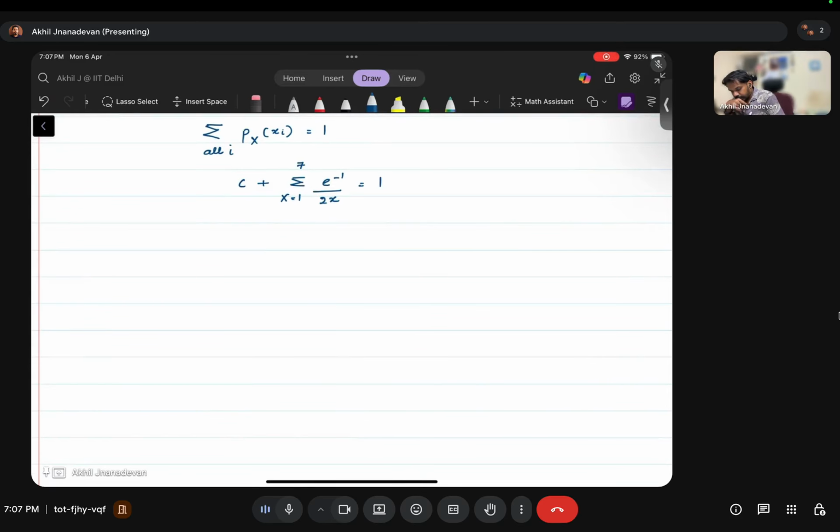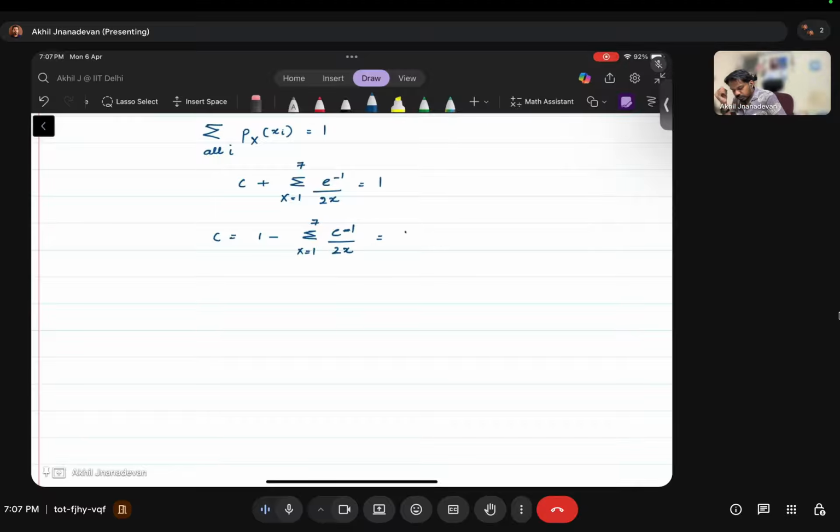Then we can write C as 1 minus the summation for x equal to 1 to 7 of e raised to minus 1 by 2x.